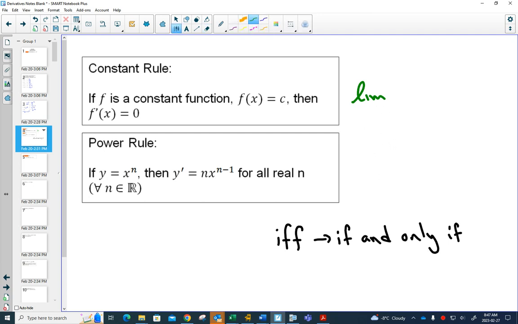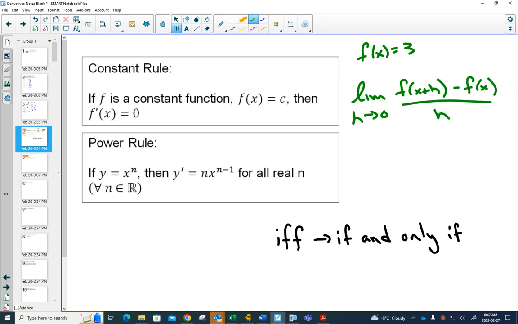If we look at what would happen if you did this, how would this work? We would have f of x plus h minus f of x over h.